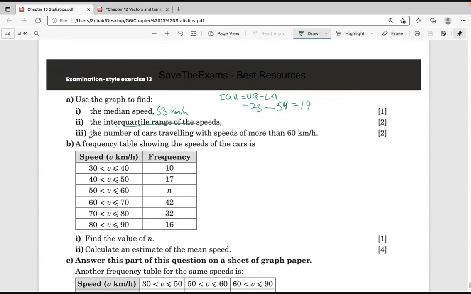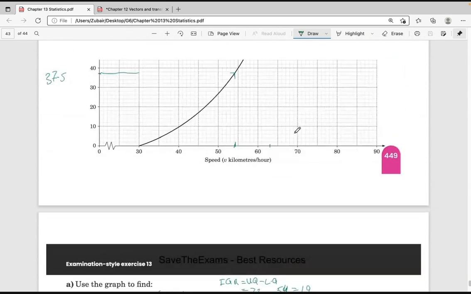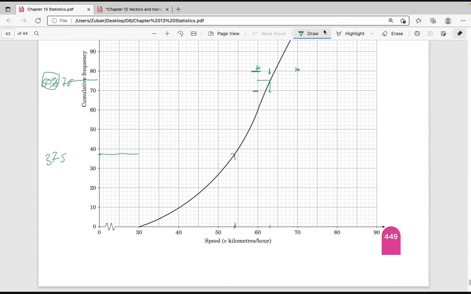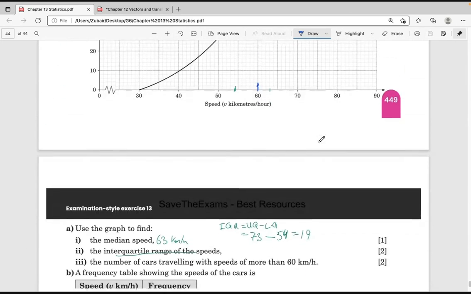Okay. Third one. The number of cars traveling with speed more than 60. So speed is on the x-axis. So it will be around 60. Now Haris is just running. So what is your answer? Before you answer, read this question again.